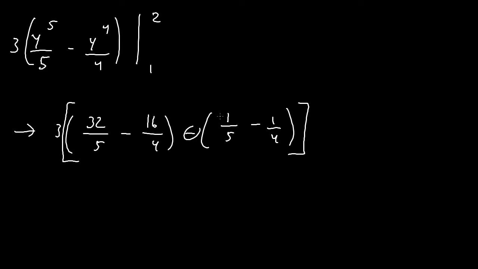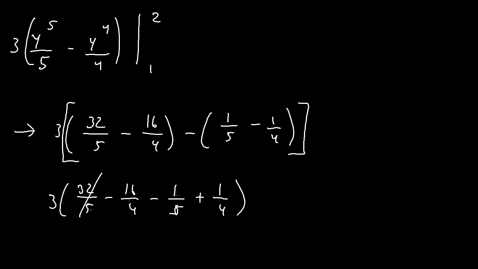If I distribute that negative over to the parentheses on the right, we'll get 3 times 32 over 5 minus 16 over 4 minus 1 over 5, and then minus a negative, so plus 1 over 4. Then 32 over 5 minus 1 over 5 is 31 over 5. So we get 3 times 31 over 5, and then negative 16 over 4 plus 1 over 4 is negative 15 over 4. I'm going to plug this into a calculator.